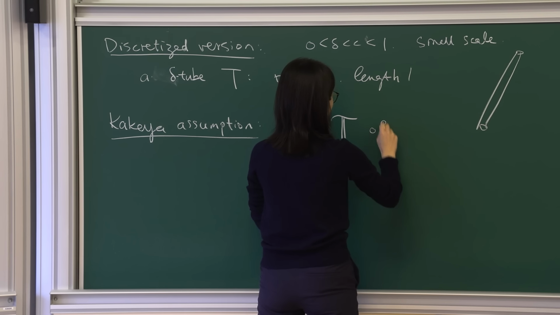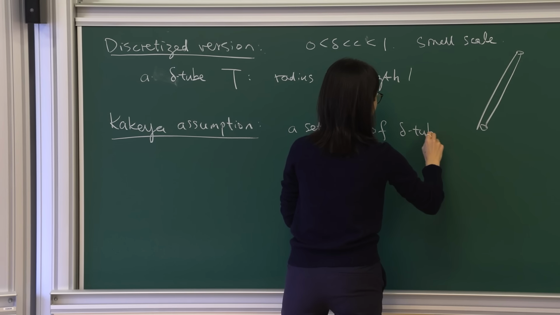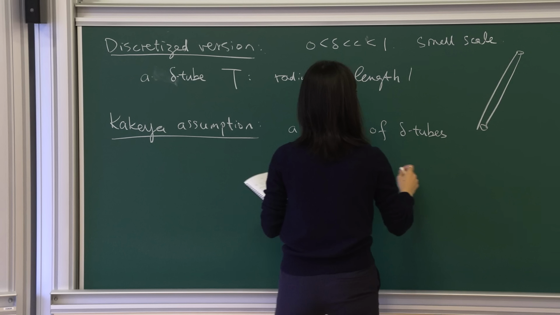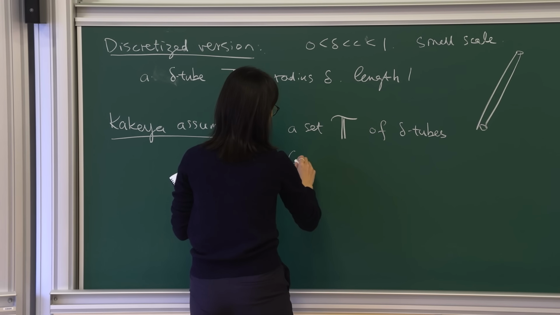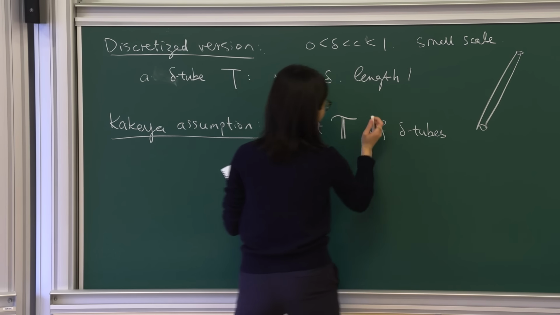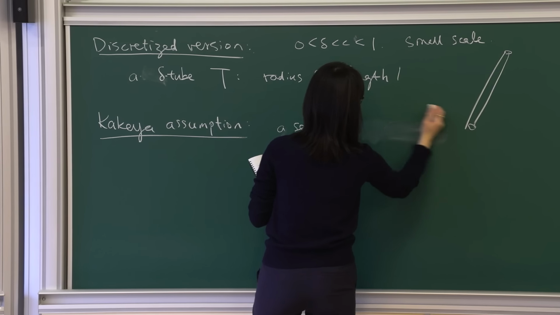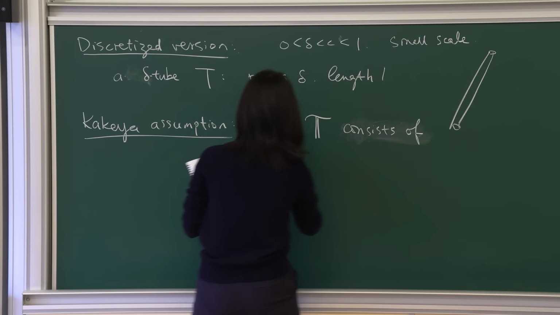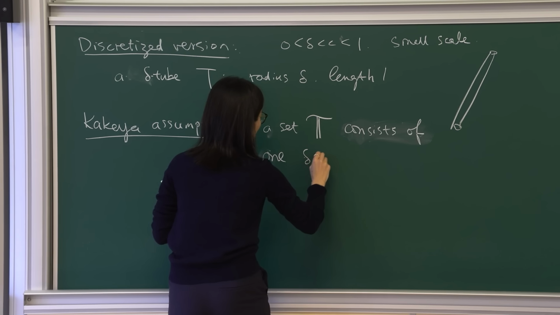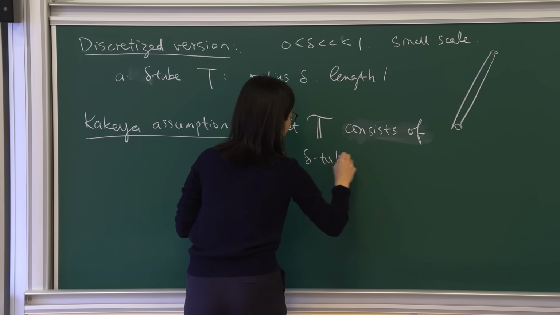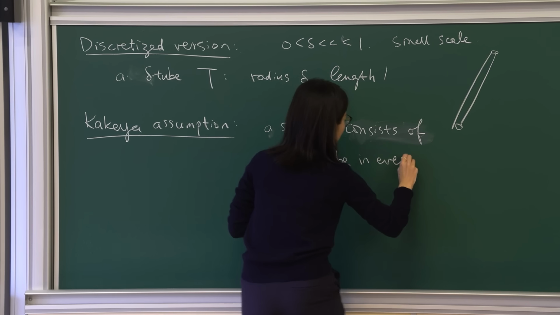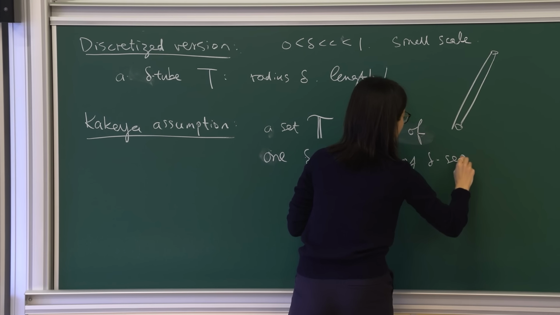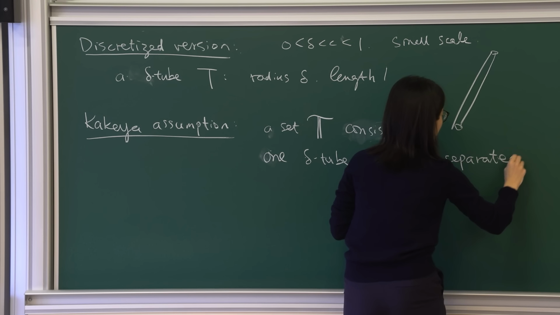So a set of delta tubes, a set T, consists of one delta tube in every delta-separated direction.